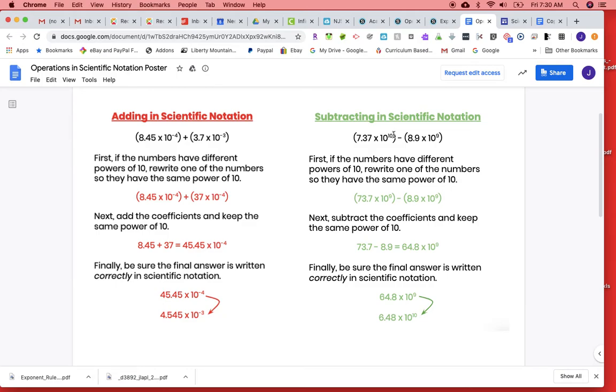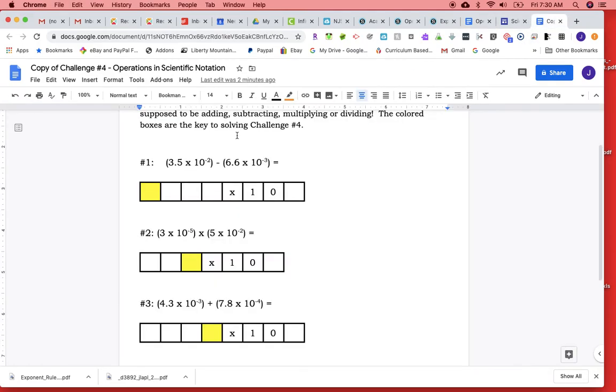So we need to think of our acronym LARS, L-A-R-S. Since we're subtracting, it's the R and S. That means we need to move our decimal the same number that we're subtracting by. In this case, we subtracted by 1, because 10 minus 1 is 9. So we're moving our decimal one place to the right. So we're going to do the same thing on this one.